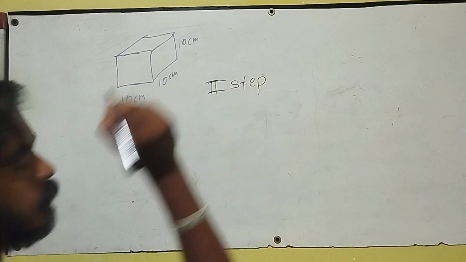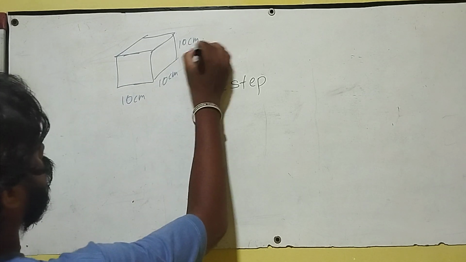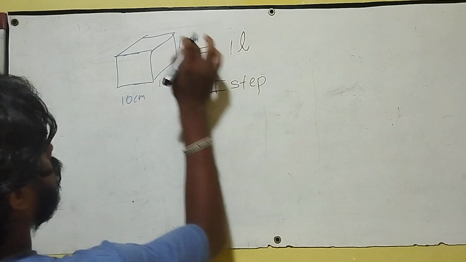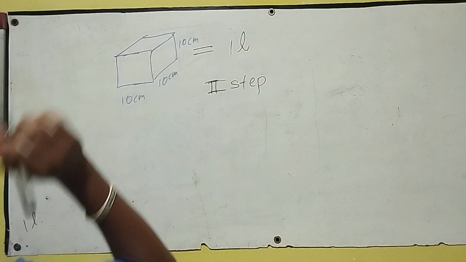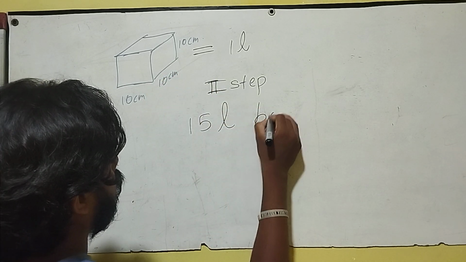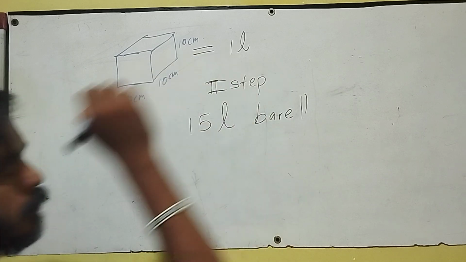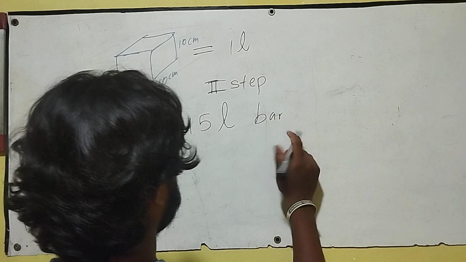They are telling, show that a barrel of capacity 15 liter can be filled completely by pouring water 15 times. Now we know the 1 liter volume of this cube. And they are telling 15 liter barrel.